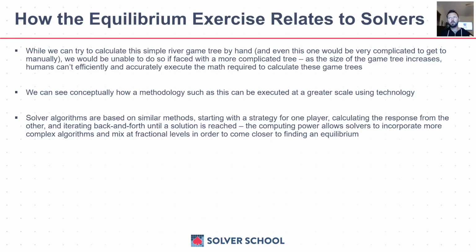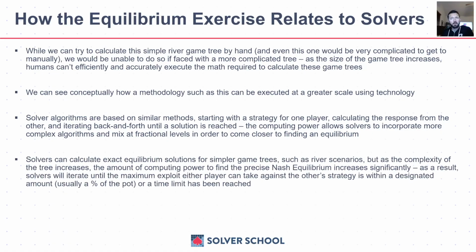It starts with a strategy for one player and then calculates the response from another player and iterates back and forth until the solution is reached. The computing power that allows solvers to incorporate more complex algorithms and mix at fractional levels helps it come closer to finding an equilibrium than we ever could.